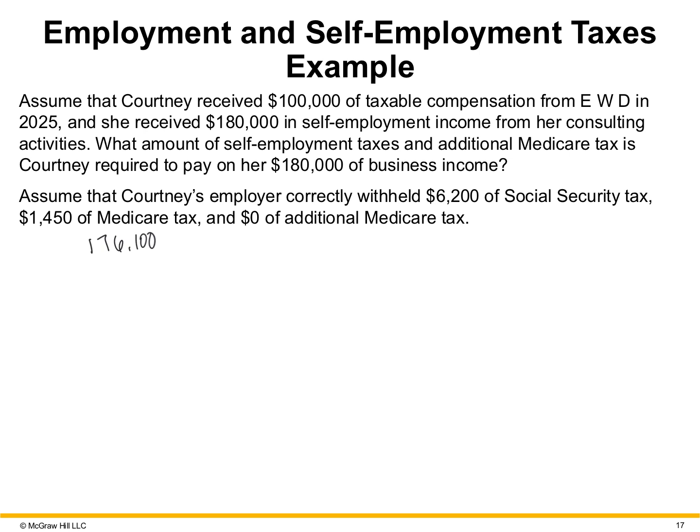And the problem mentions that Courtney received $100,000 of taxable income, so we'll want to back that piece out.